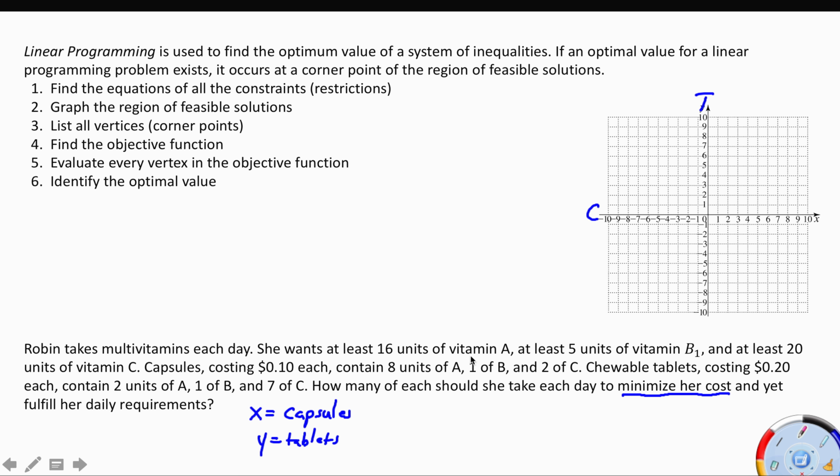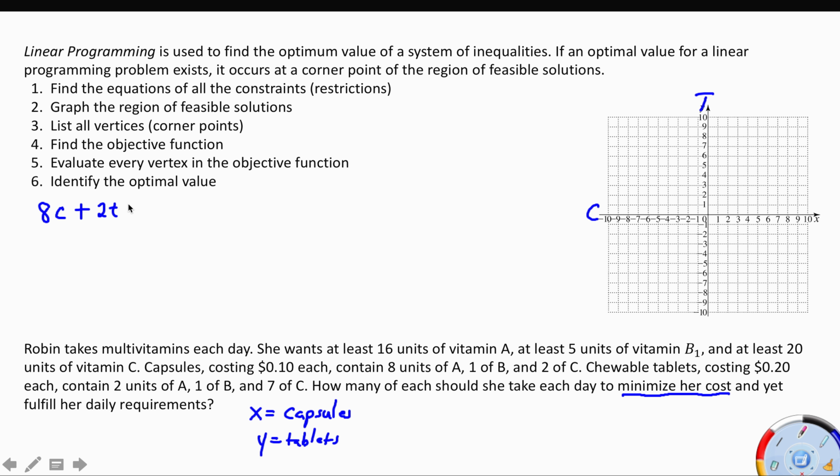And she wants at least 16 units of vitamin A. Well, the capsules have 8 units of A. So 8C, right? Every capsule she's going to take, she's going to get 8 units of A. Plus, the tablets have 2 units of A. So 2T, that has to be at least 16.